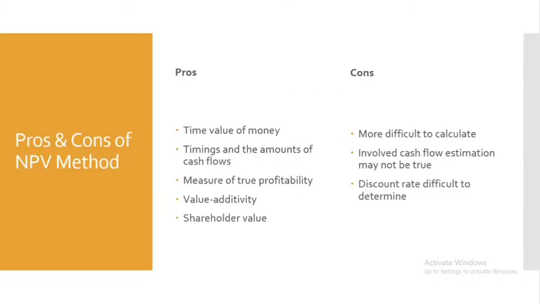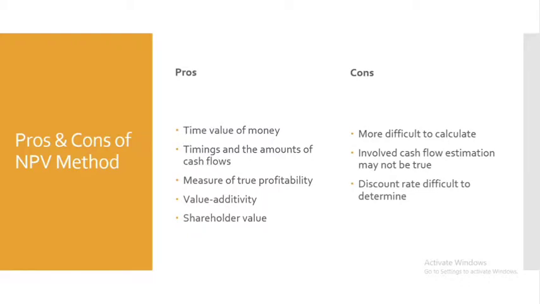And then we have pros and cons of the NPV method. One of the most important merits of the NPV method is that it considers the time value of money, which means it gives reliable information. It is practical, and the timings and the amounts of the cash flows also add better benefit in calculating the NPV, and obviously that is a true measure of profitability.